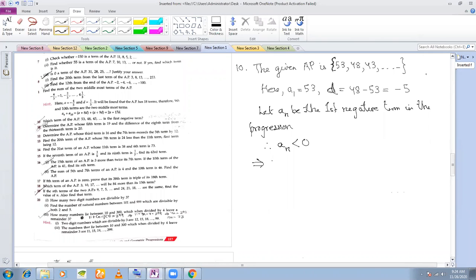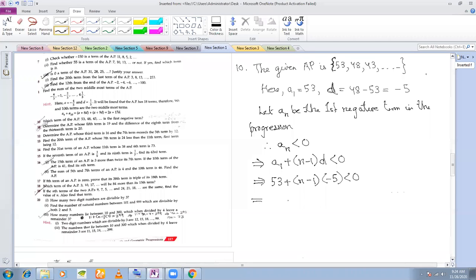And what is an? We know the formula: a1 plus n minus 1 into d, less than 0. The value of a1 here is 53, plus n minus 1 times the common difference, which is -5. Let us solve this inequality and find out the value of n.